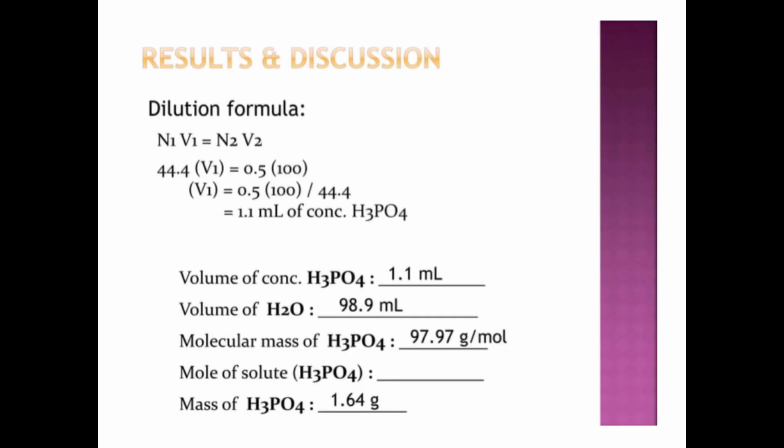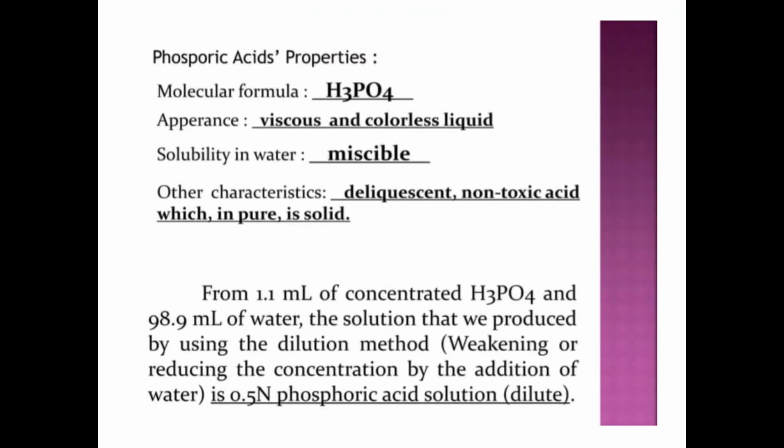Or you can also use, if concentration is equal to n over V, the mole will be equal to concentration times volume, as the case may be. But from here, you should be able to find the mole. So the procedure is still what we have been following.